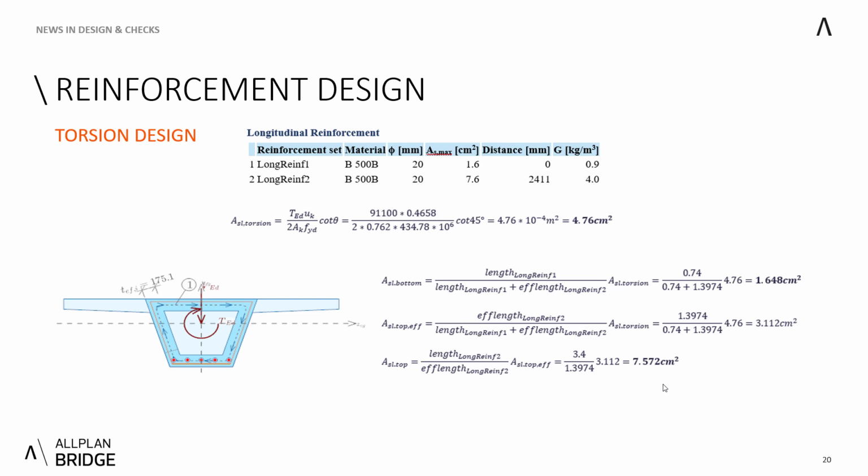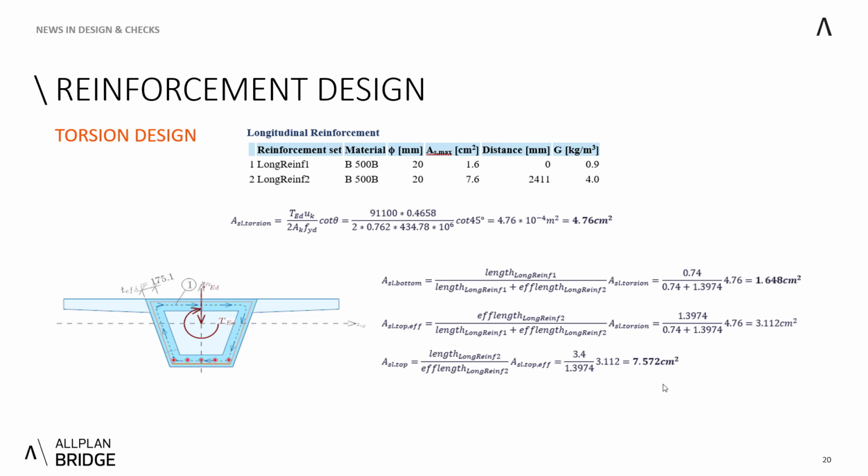So the bottom one is considered fully, and from the top one, only the effective length of around 1.4 meters is considered. And therefore, by this weighted average, the bottom reinforcement set receives 1.65 centimeters squared, and the top one receives 3.11 centimeters squared, but only for this effective length. Therefore, we have distributed this 4.76.